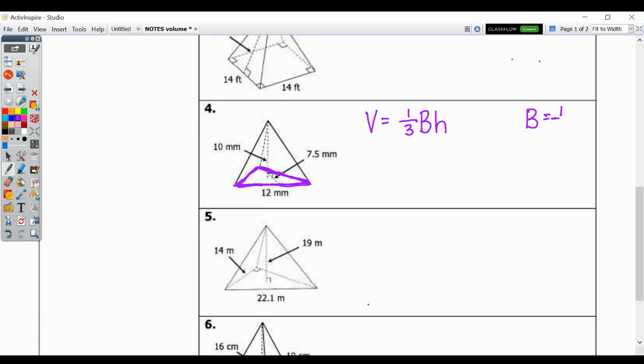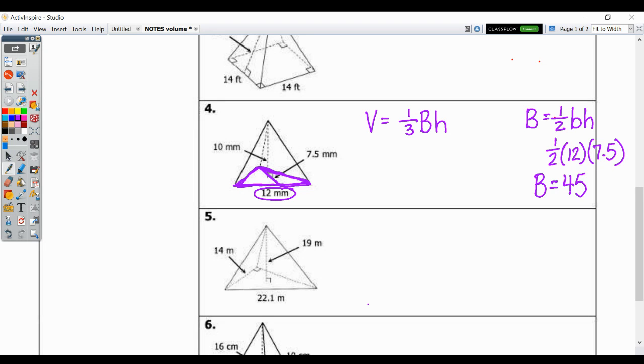Area of a triangle is 1/2 times base times height. The base of this triangle is 12. So I'm going to bring down the 1/2, substitute in 12 for the B. And this height right here is 7.5. So 1/2 times 12 times 7.5 is 45.